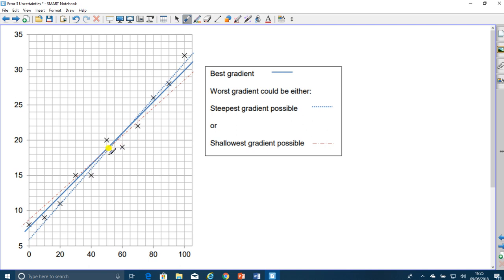However, the best gradient there is the solid blue line. The shallowest possible gradient is the red one, and the steepest possible gradient would be the dotted blue one. So you just look at the two values for these and see which one is the most different from the best line, and then it would be the difference between those two values divided by the best times 100 that would give you the percentage uncertainty.